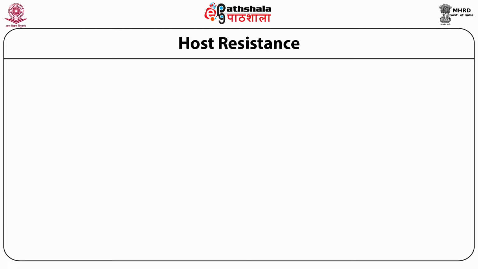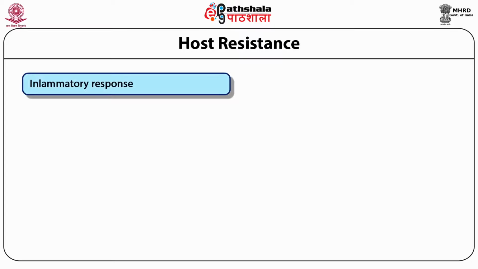Apart from external and internal resistance mechanisms, hosts have certain other mechanisms also, such as the inflammatory response. Whenever a pathogen enters the body, the body will exhibit inflammation against the pathogen. Inflammation involves an increase in temperature of the body and localization of the pathogen.